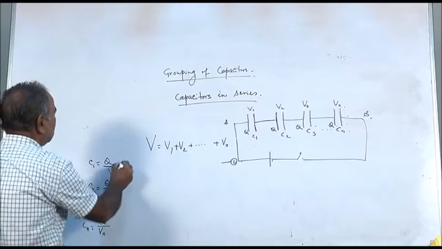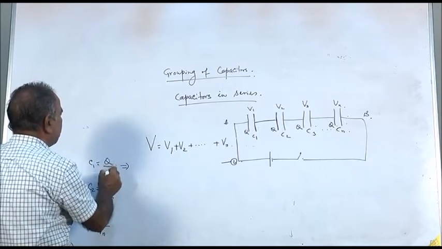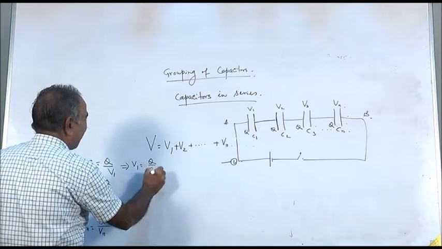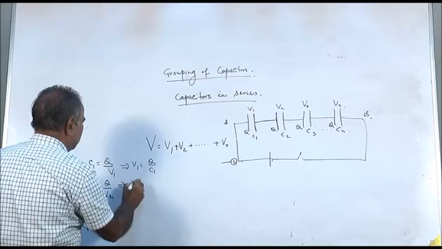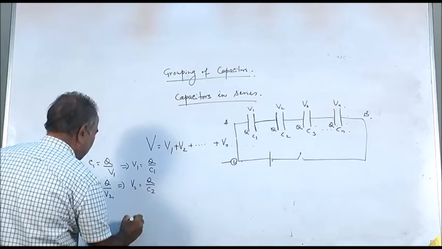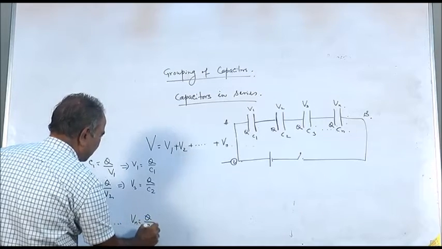From this equation, V1 is equal to Q by C1. Similarly, V2 is Q by C2 and similarly Vn is equal to Q by Cn.